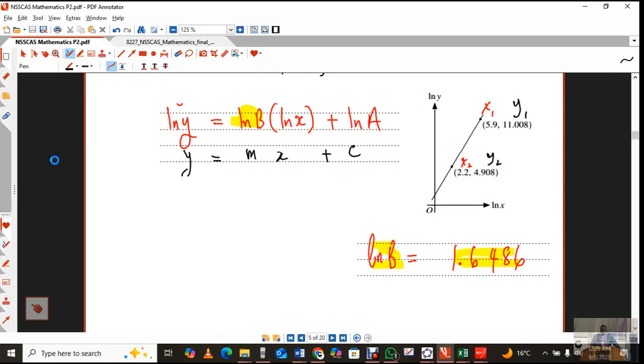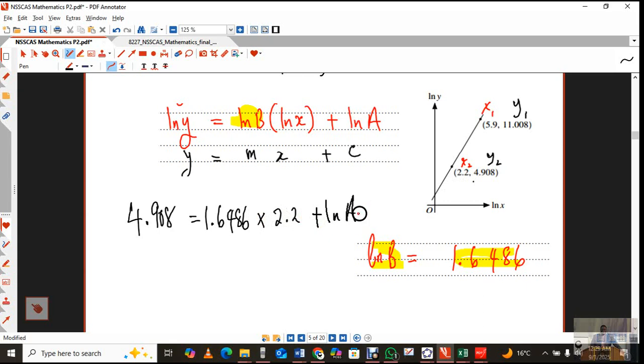Because we know how this works, the natural log of y, we will replace with this y value, which is 4.908 because it's on that axis, and that equals the natural log of b, that was 1.6486, multiplied by the x value, which is 2.2 that I have here, and that should give me the natural log of a.